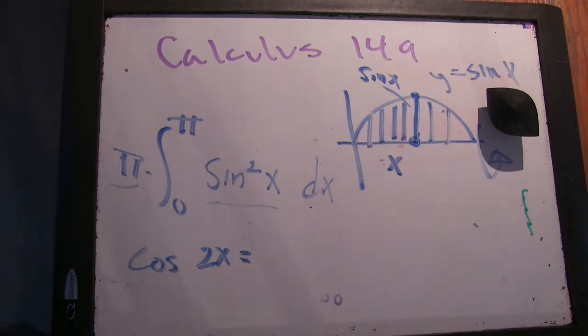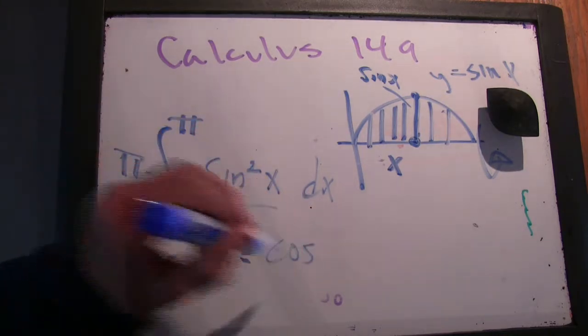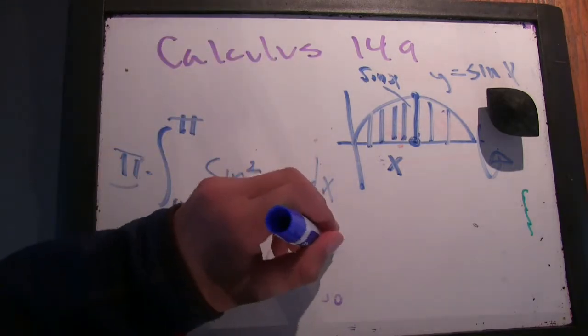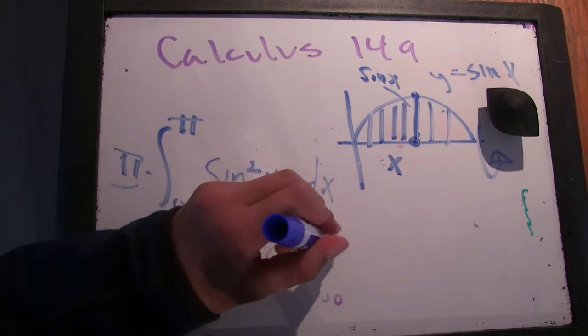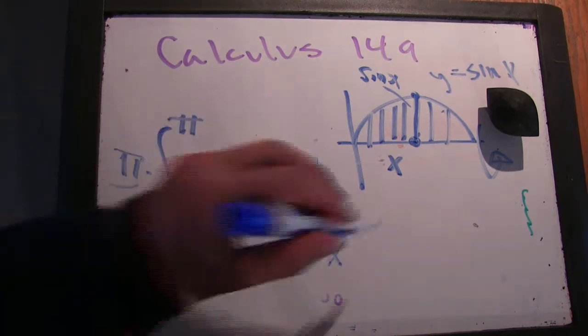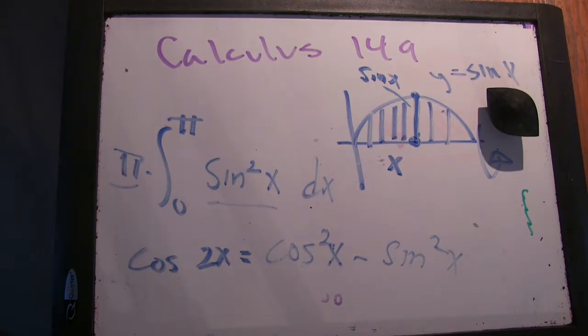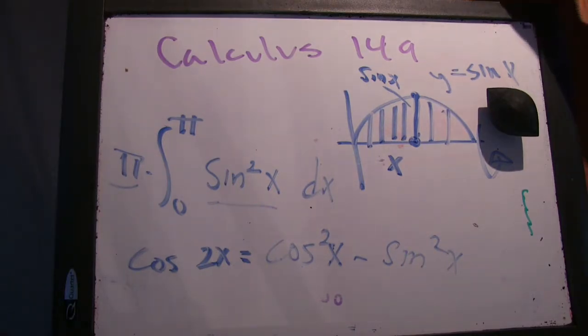No, I don't remember what cosine 2x is, but I can find that out pretty easily. Use the trig sum: cosine x times cosine x, cosine squared x minus sine squared x. Okay, very good. So it's cosine squared x minus sine squared x. Nice.